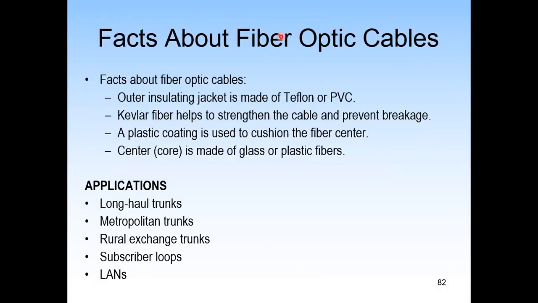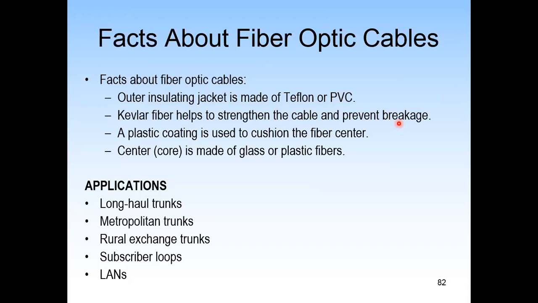Facts about fiber optic cables: the insulating jackets are made of Teflon or PVC. Kevlar fiber strengthens the cable and prevents breakage, because as I told you, it is very difficult to handle.